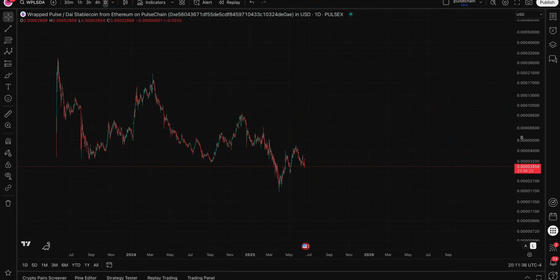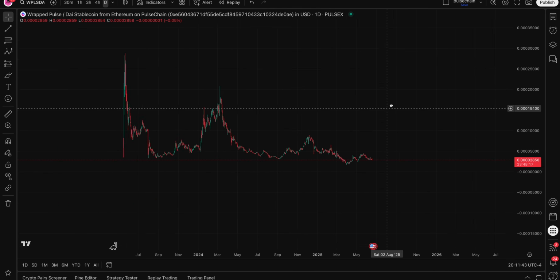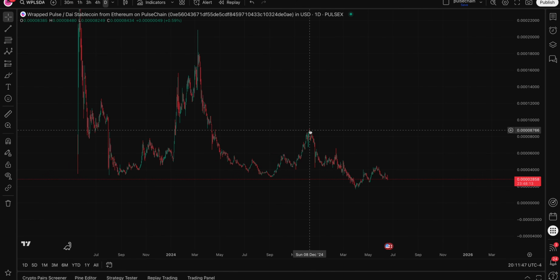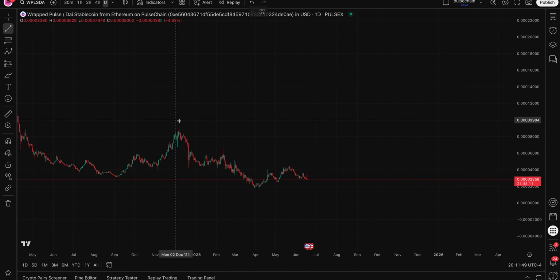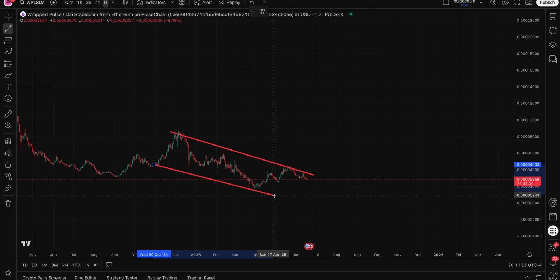Okay. So instead of placing all of this fancy Wyckoff analysis on the chart, just take a look at it on the linear scale. Okay. And what is the price doing since December? It's forming lower highs. Okay.